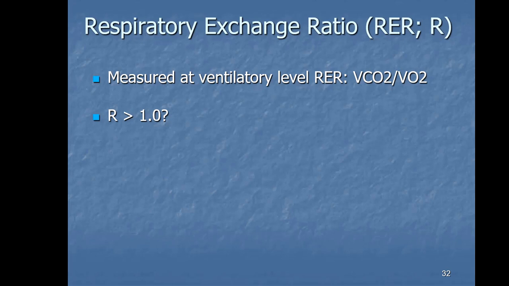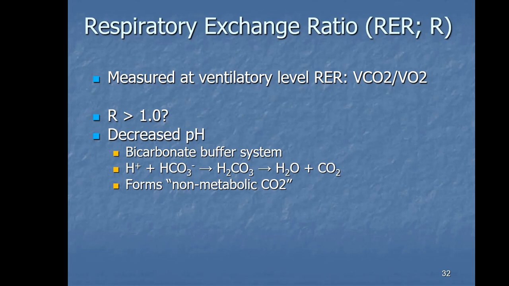So basically what's going on here is that something is changing between the cellular level and the ventilatory level that's going to alter our levels of either CO2 or oxygen being consumed. And as you're going to see, it's the CO2. So decreased pH, think of higher exercise intensities, you start to get more acidity.